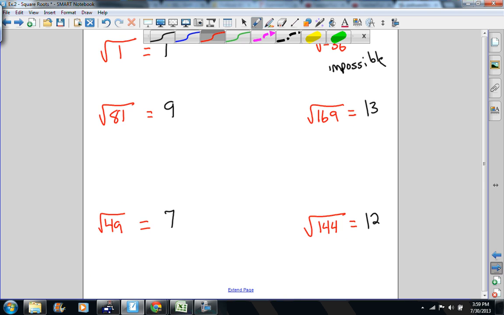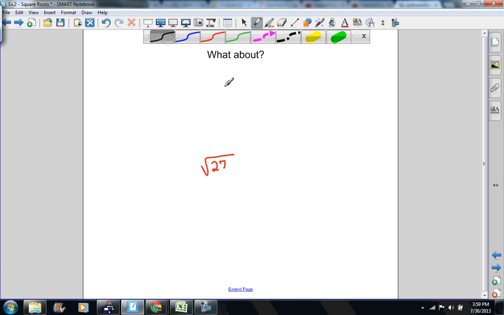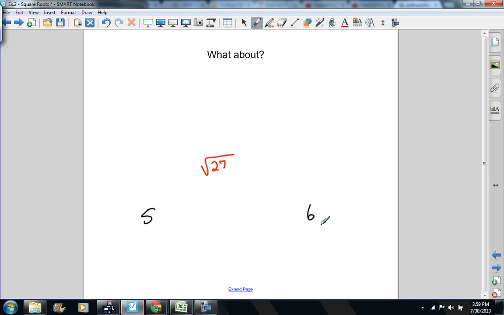So on these types of problems, this has to be some decimal, but we know it has to be between 5 and 6. So we know the square root of 25 is equal to 5, and we know that the square root of 36 is equal to 6, and 27 is located between these two numbers. Therefore, the decimal point has to be between 5 and 6.